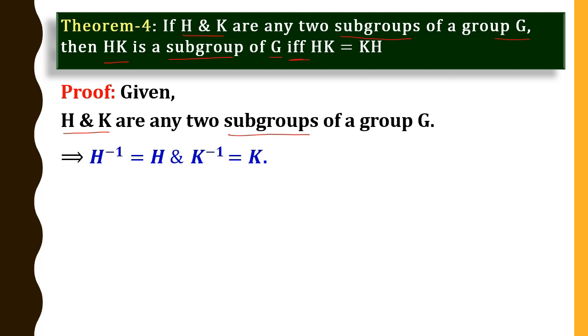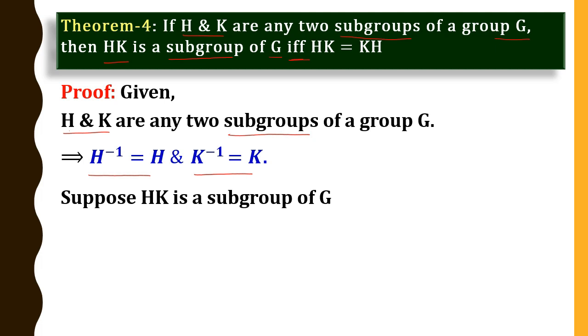Since H and K are subgroups of a group G according to theorem 2. So what theorem 2 states is that if H is a subgroup of G, then H inverse is equal to H. Therefore, H and K are subgroups of G implies H inverse is equal to H and K inverse is equal to K. Now we shall assume that.